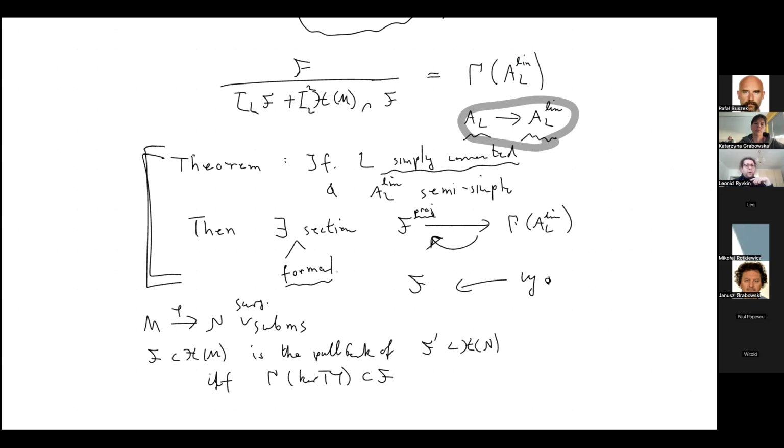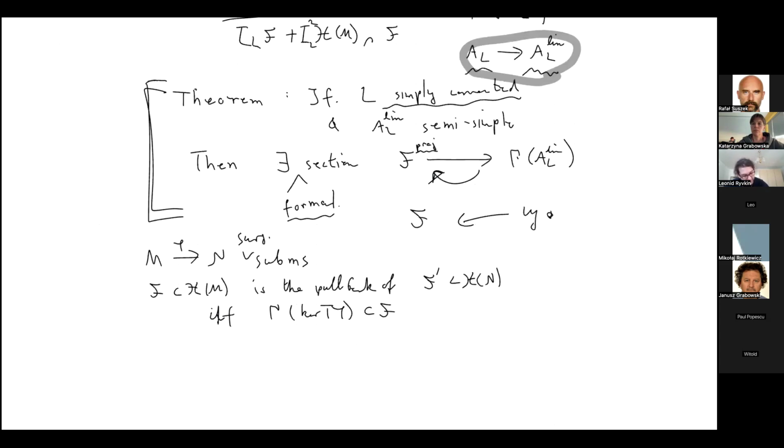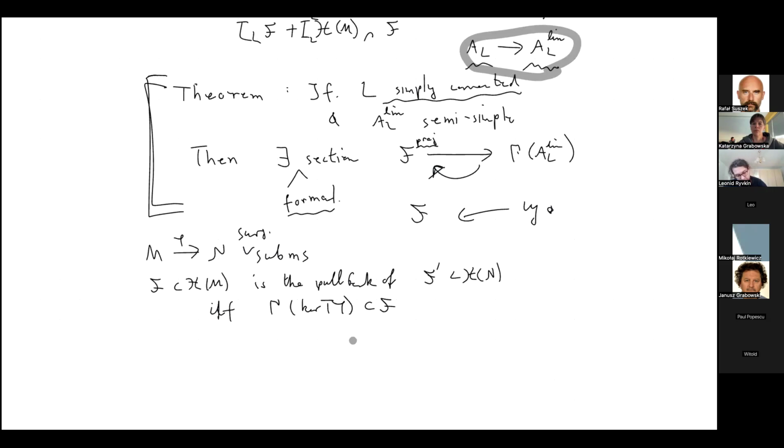Also, you will know that all your regular leaves are of the same dimension for something with real analytic generators, which might not be true in general. There are some examples of a foliation which is just point, point, point, point, point, point, point, and then a half line. And such things cannot happen real analytically.